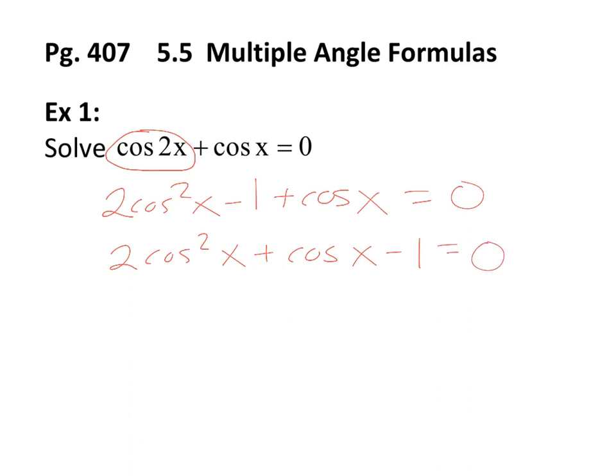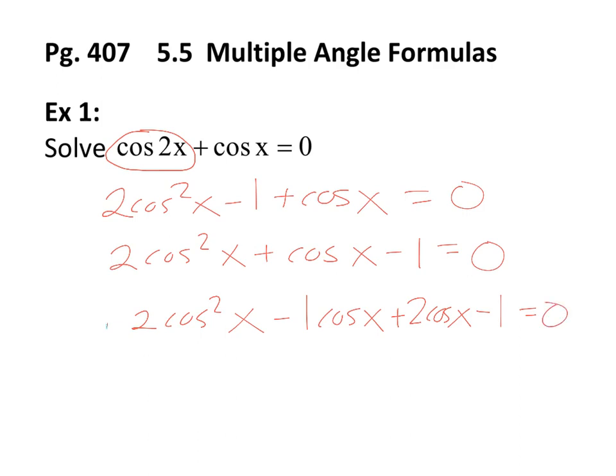Okay, so I could factor this. I have 2 cosine squared x, and then I have minus 1 cosine x plus 2 cosine x minus 1 equals 0.